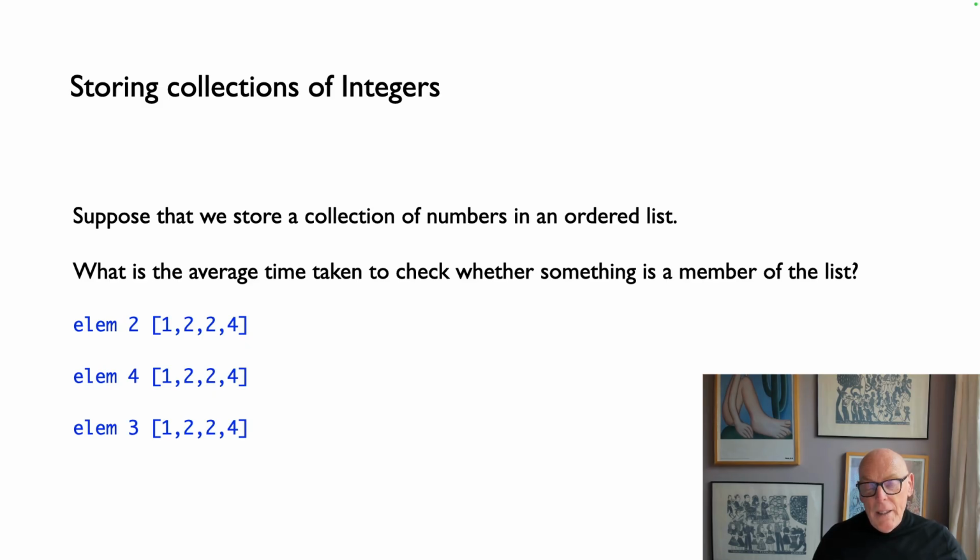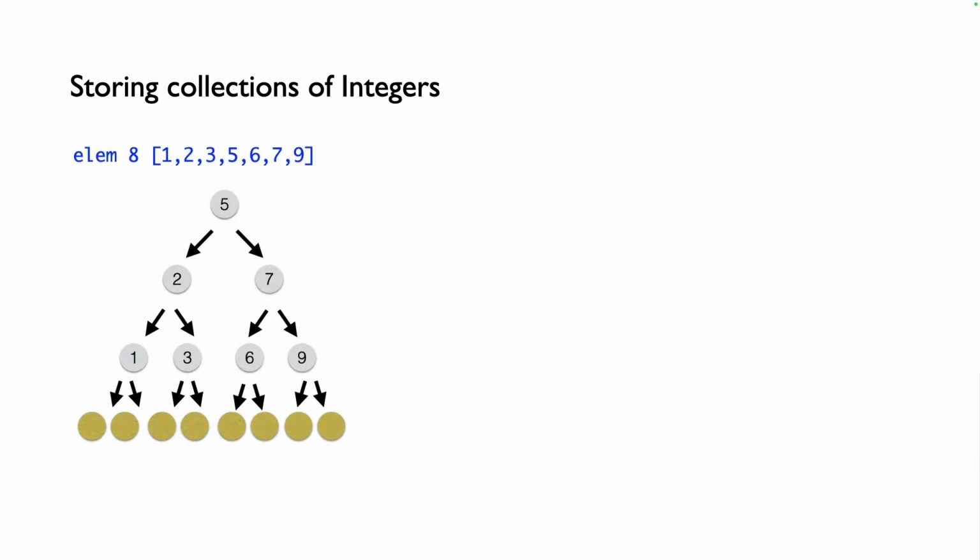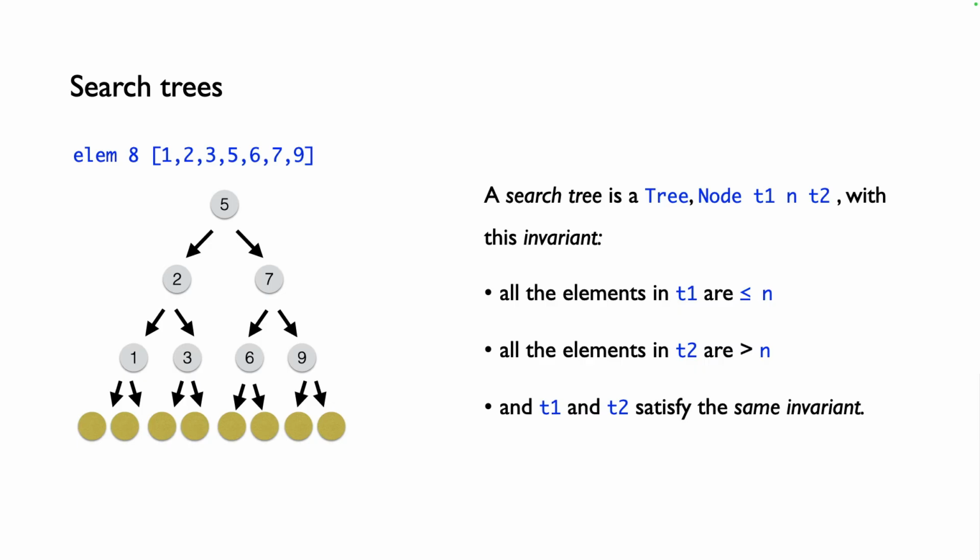So what can we do that's substantially better? The answer is we can build what's called a search tree. We store the numbers as the values held at nodes in a tree, and that tree has a special property. The property, which we call an invariant, is that the tree is ordered.